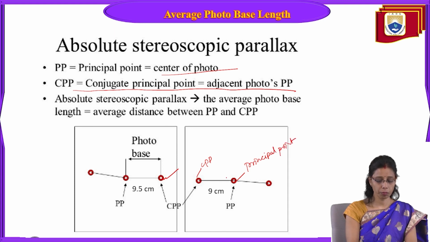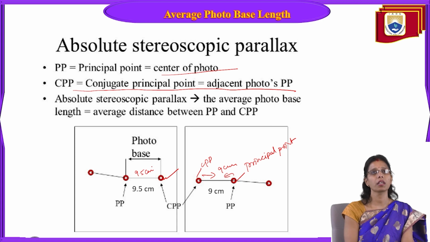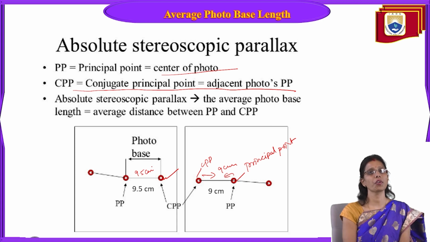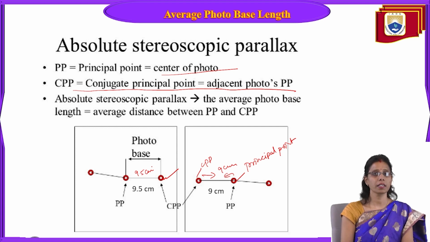Principal point to CPP in photo number 1 is 9.5 centimeters, and in photo number 2 it is 9 centimeters. We add these two, 18.5, and divide by 2 to get the average photo base length.